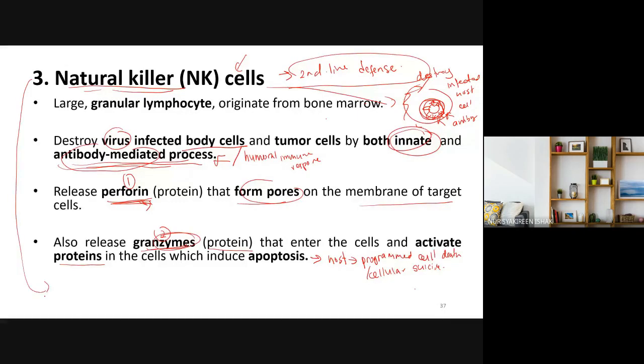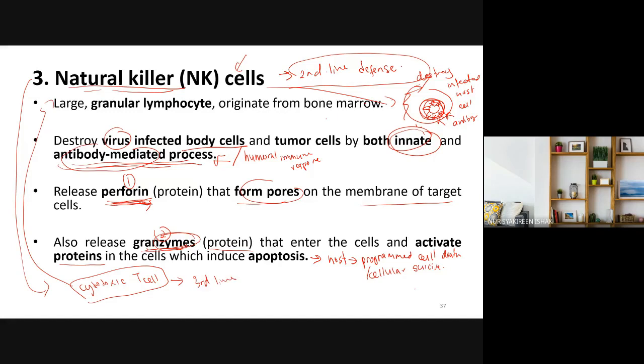You have another type of cell which we call the cytotoxic T cell. Cytotoxic T cell mechanism dia sama macam natural killer cell. It also releases perforin, it also releases granzyme, but for cytotoxic T cell it is in the third line defense.